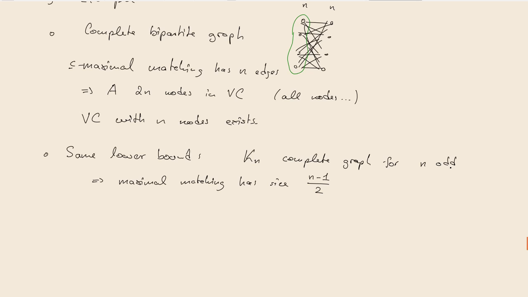But apart from that, since all edges are present, you will always find a way to match the subset of n-1 nodes. But you can show that the size of an optimal vertex cover is n-1.